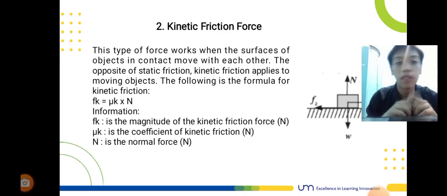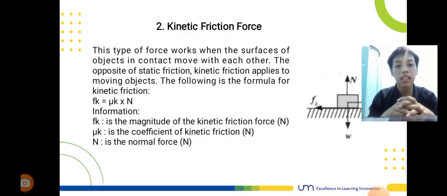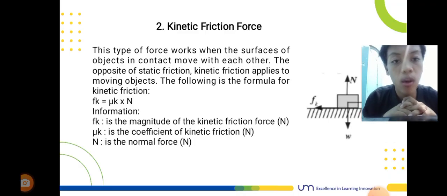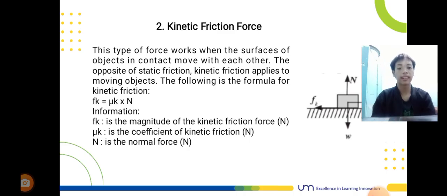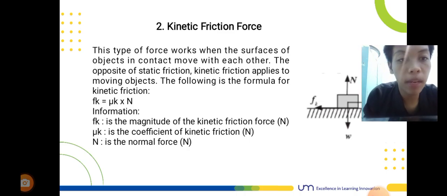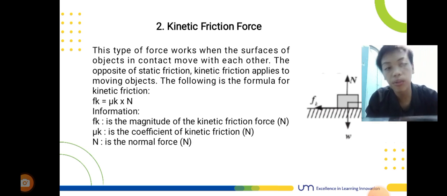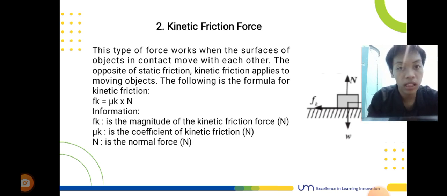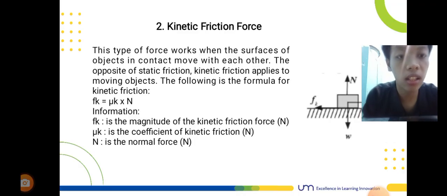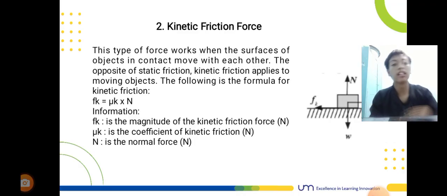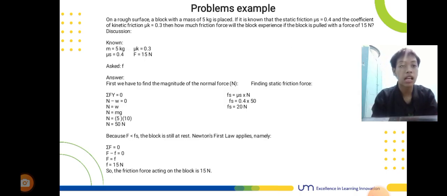The following is the formula for kinetic friction: Fk equals Uk times N. Information: Fk is the magnitude of the kinetic friction force, Uk is the coefficient of kinetic friction, N is the normal force.